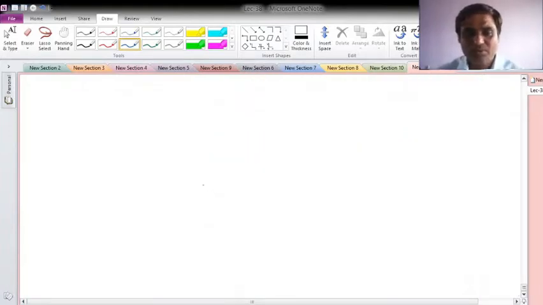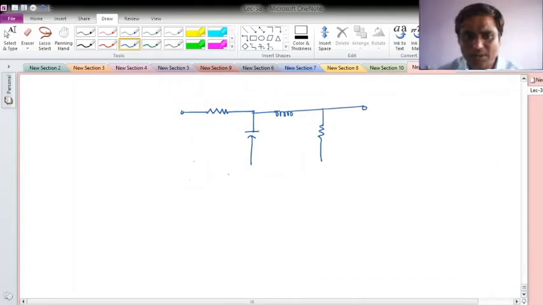Suppose this is my network: a capacitor, then an inductor, then a resistor, connected like this. Let me connect the source here, which will be Vi.